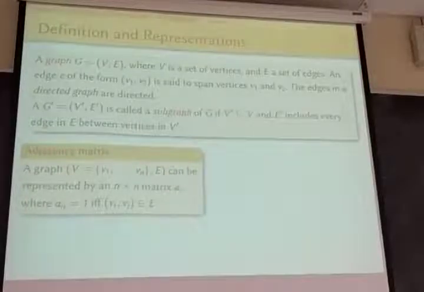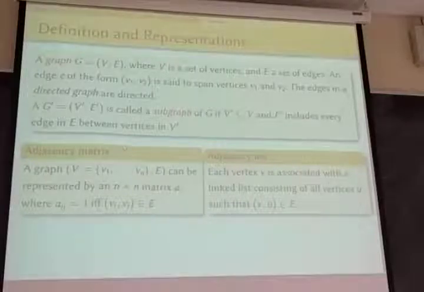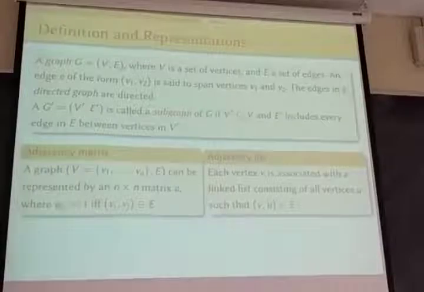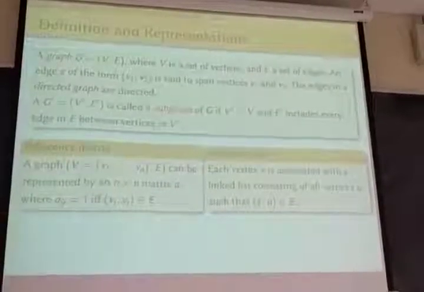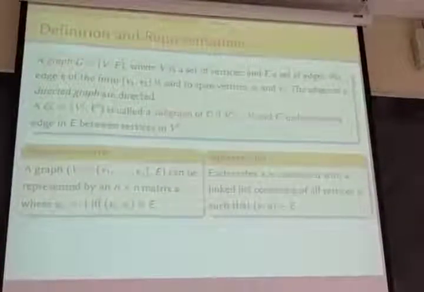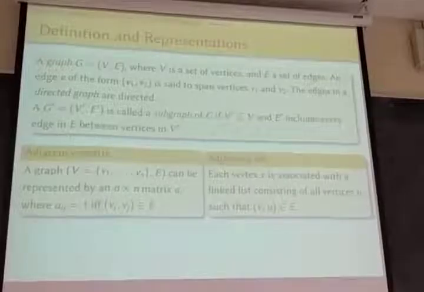but in fact it includes all the edges between the vertices in the original graph. There are two basic ways to represent graphs. One is called the adjacency matrix, and the other one is an adjacency list. An adjacency matrix is a matrix. If you have n vertices, then you have a matrix with n square elements.